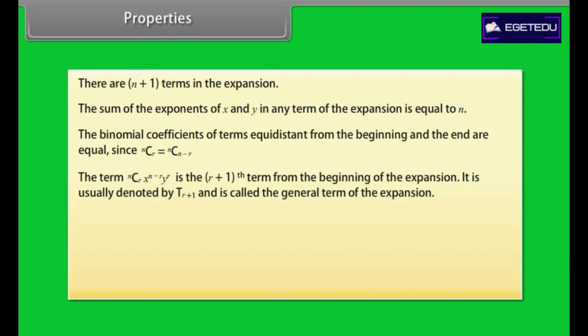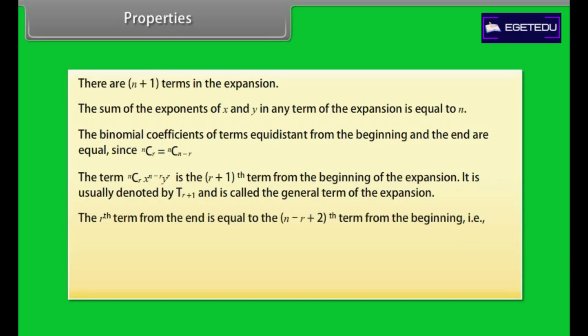The term nCr × x^(n−r) × y^r is the (r + 1)th term from the beginning of the expansion. It is usually denoted by t(r+1) and is called the general term of the expansion.